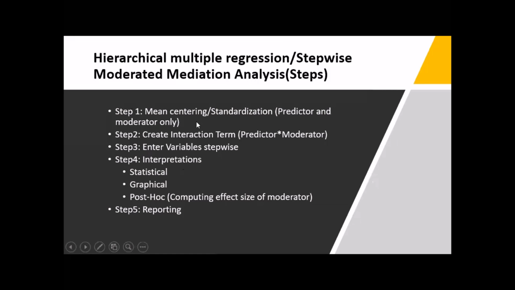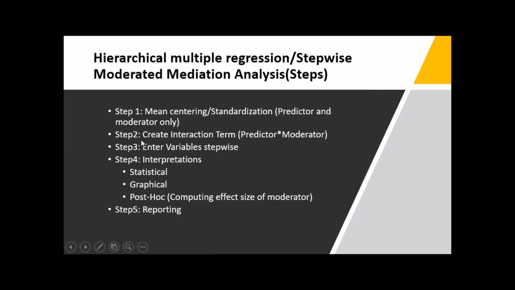Step one is to mean center both the independent or predictor variable and the moderator variable. We have to mean center or standardize, or when we have longitudinal or panel data, we can also take logs or differences, first difference, second difference as well.